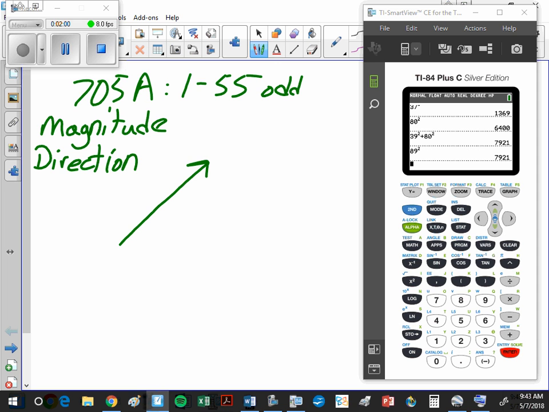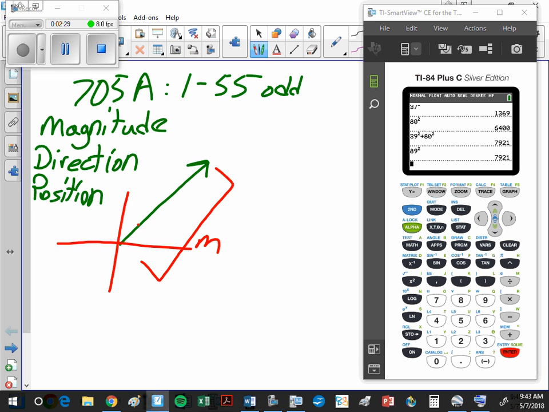And in this class, a vector also has position. So magnitude measures the length. Well, because we're going to find out that we don't really need position as much as we thought we did. So you'll see. So we have magnitude, and then the direction would be like the angle associated with the vector.